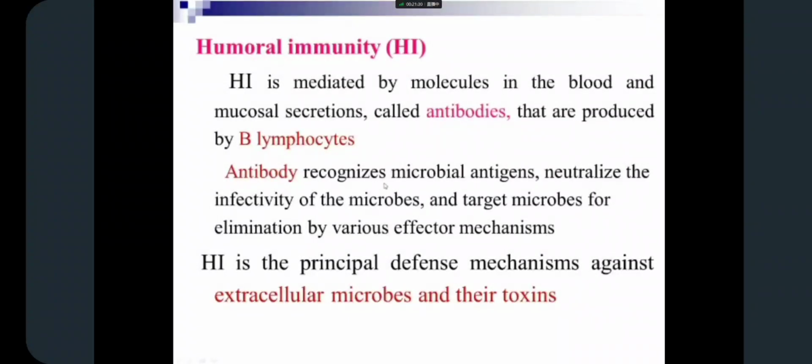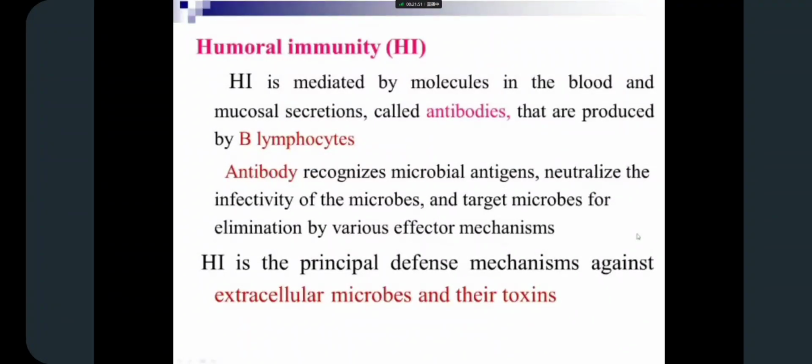Antibodies can recognize microbial antigens, neutralize the infectivity of the microbes, and target microbes for elimination by various effector mechanisms.